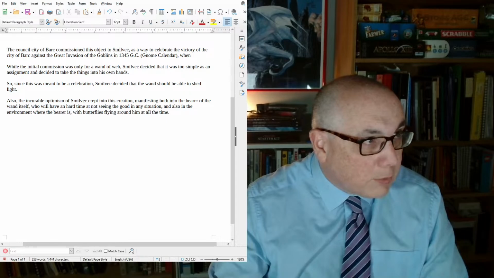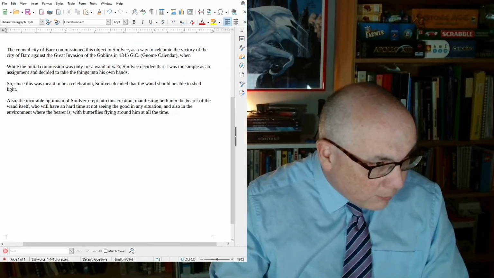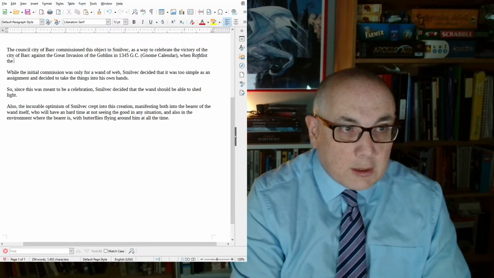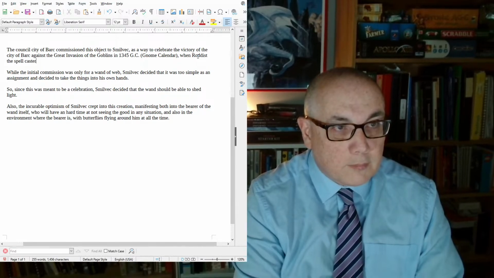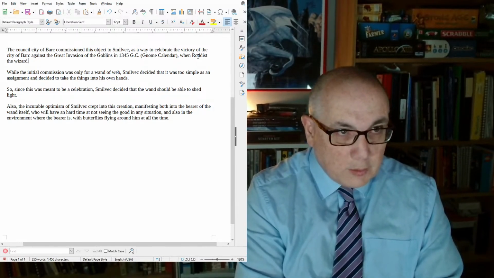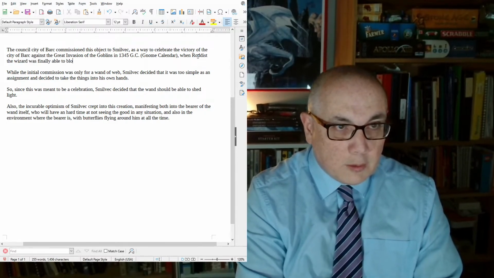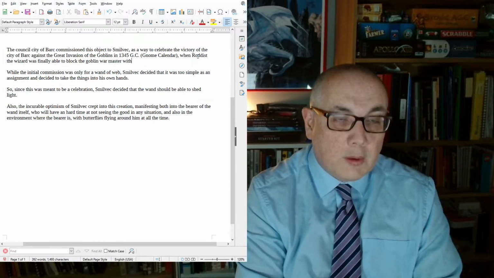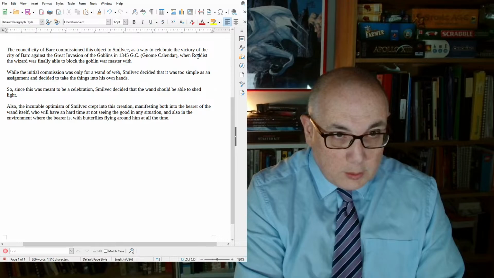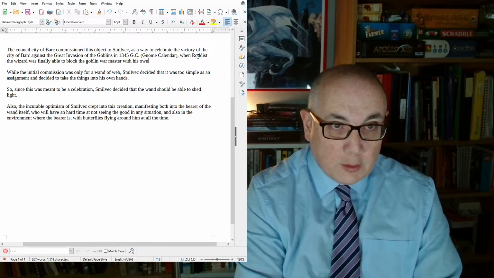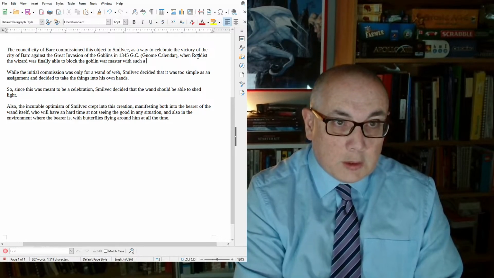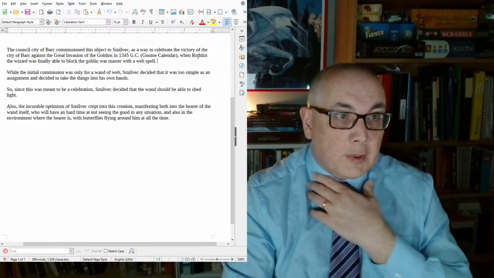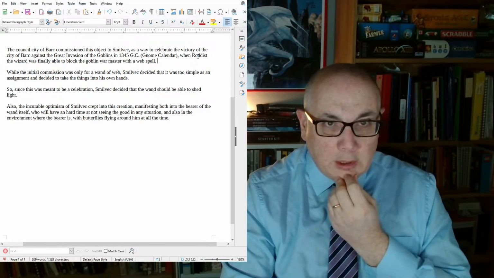And let's generate another name for a goblin. Roddist. Such a spell with a web spell.